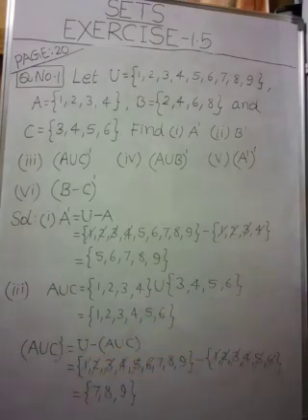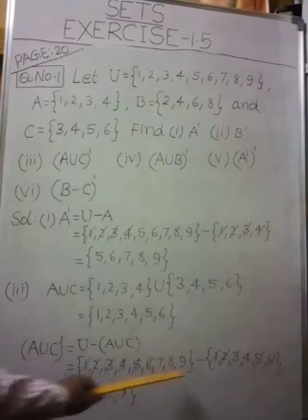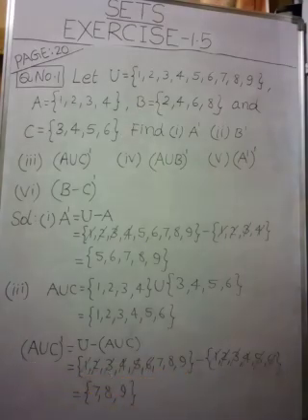Here also we strike out. We cancel the common elements in both sets. After cancellation, what are the elements left in the first set? 7, 8, 9. This is the required set, (A union C) whole complement. Understood, my dear children? Right.